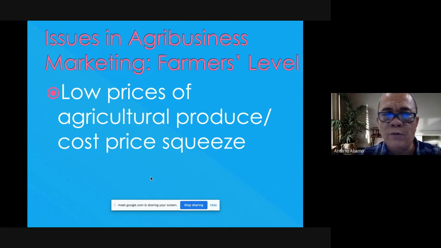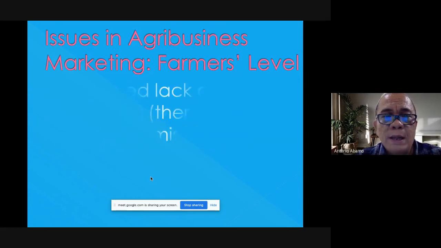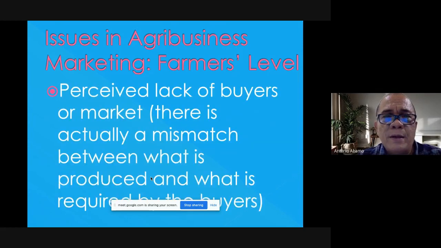This is one very important strategy, and the Department of Agriculture is now advocating that through the leadership of the Honorable Secretary Dr. William Dar. Another problem at the farmers level is lack of buyers or market. It's actually a mismatch between what is produced and what is required by the buyers.